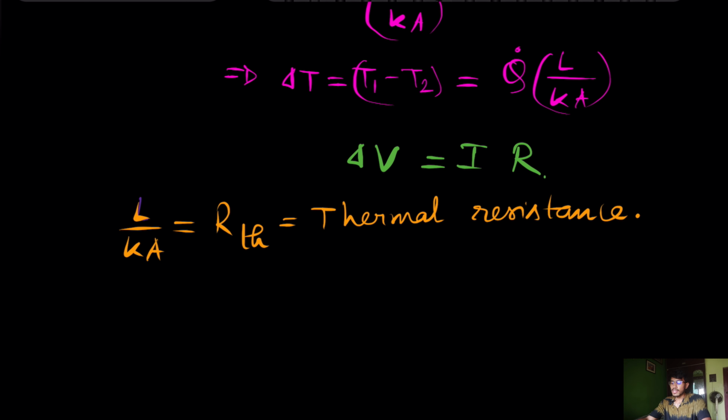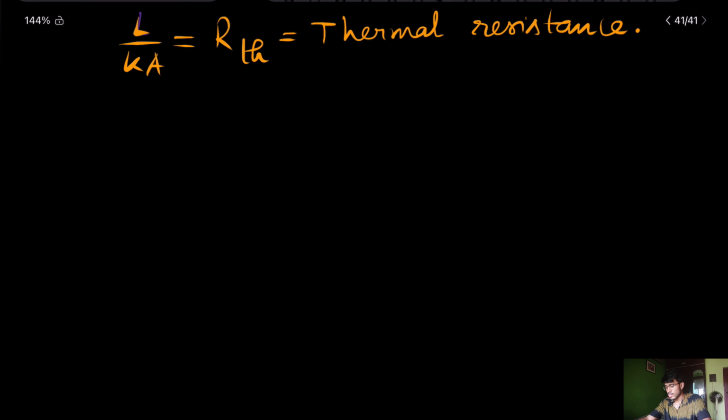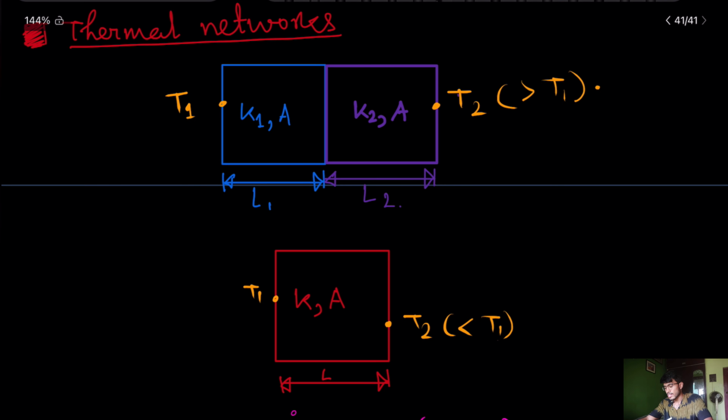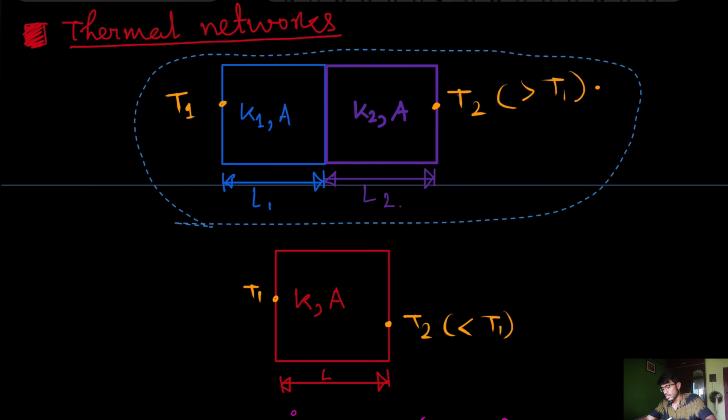If I write this thermal resistance in spherical or cylindrical coordinate system, then the expression will change, and I will derive in detail the heat conduction equation in cylindrical and spherical coordinate systems, maybe in this video or in a later video. So if you are given this kind of a problem, let me copy the schematic.